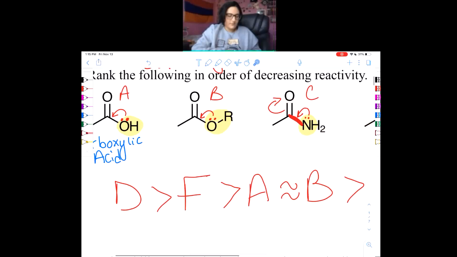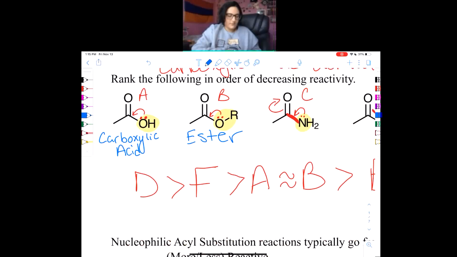Ester, perfect. And what about this dude right here? This next guy. What do y'all think? Is it an amine or an amide? Amide, perfect, perfect.